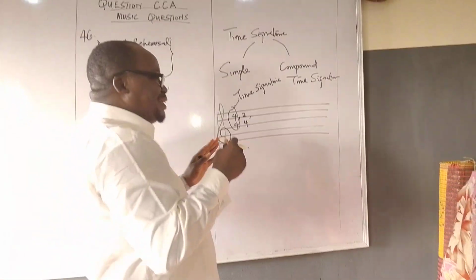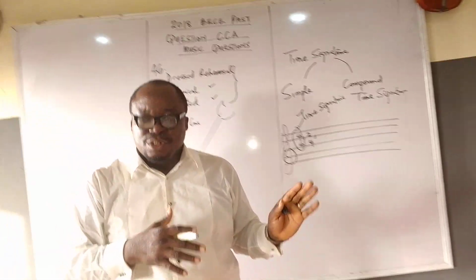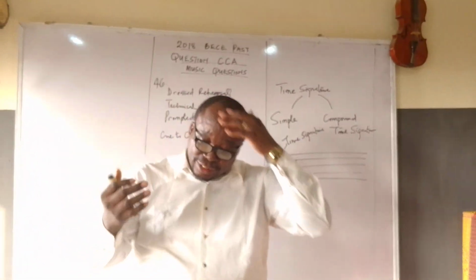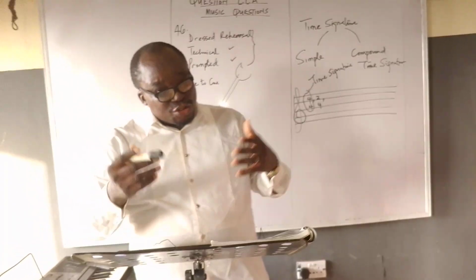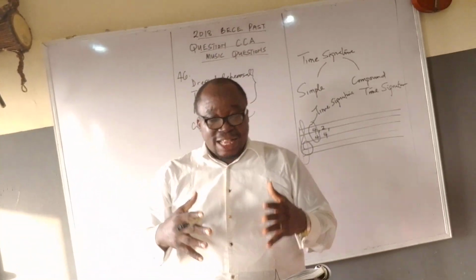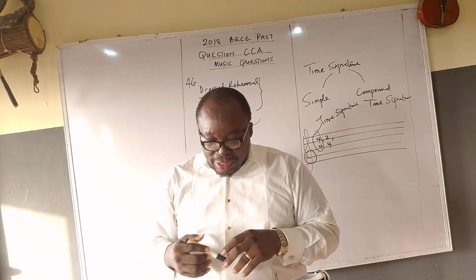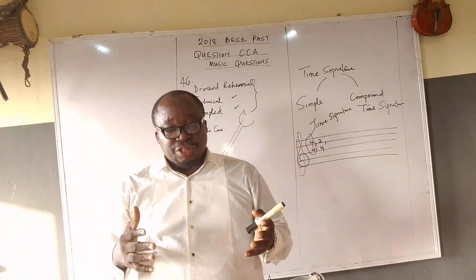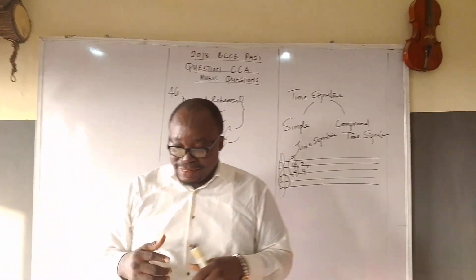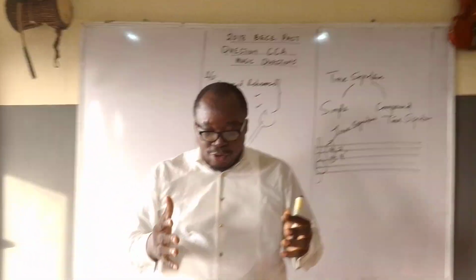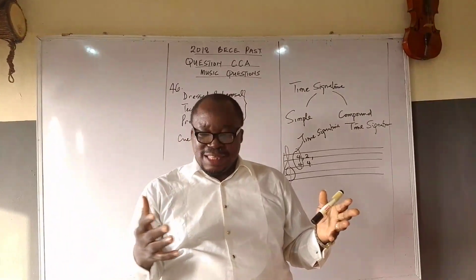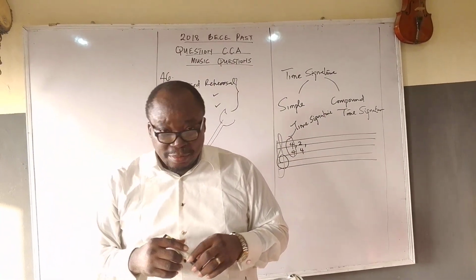It is the time signature that defines the rhythm of the piece of music. Of course, we have the double time signature, which is common when we are looking at 2-2. When we have 2-2, it's common to marching songs and folk songs. We have 3-4, which is the simple triple time signature, which is common to majorly classical songs and ballet room dancing activity.